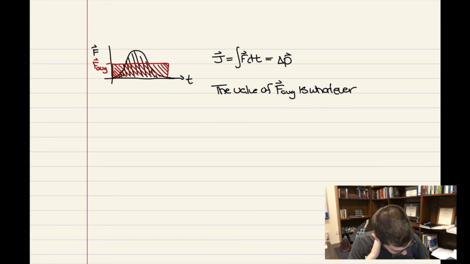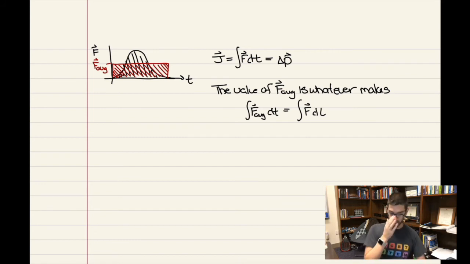The value of F average is whatever makes, I guess I can write that down mathematically, whatever makes the integral of F average dt equal to the true answer, which is an integral of that complicated function over time.